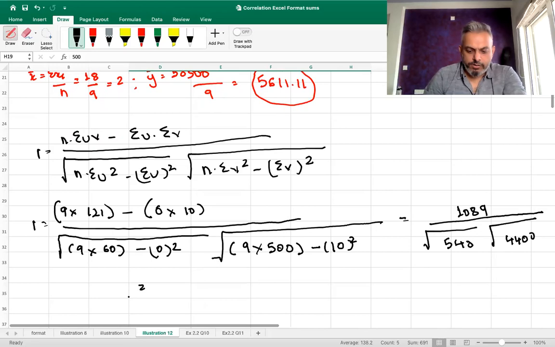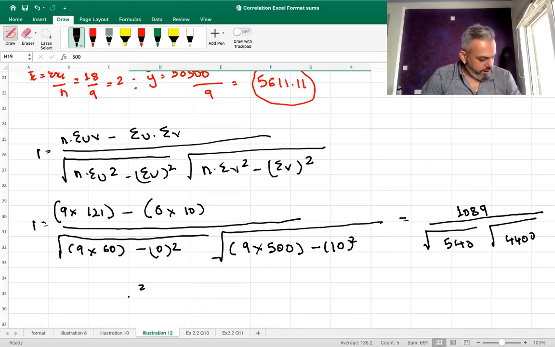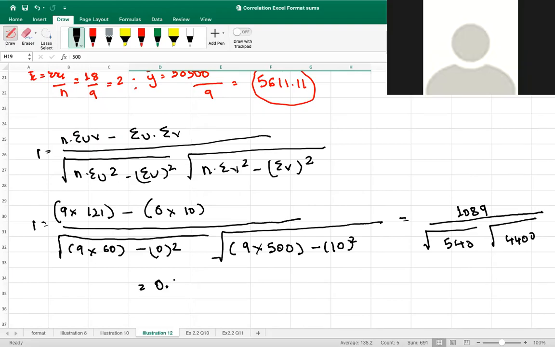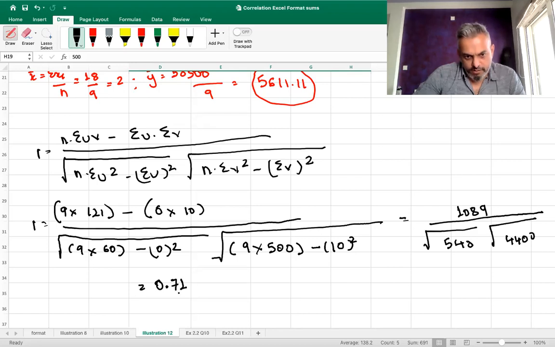Which is equal to, now use the calculator, 4400 into 540 is equal to 2376000 under root, divide equal to into 1089, which is equal to 0.7064. So 0.71.